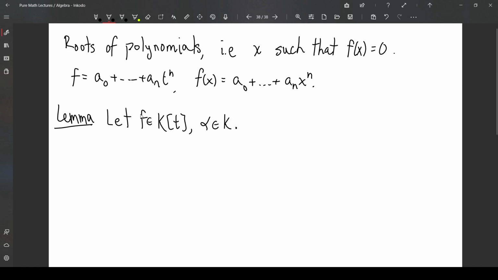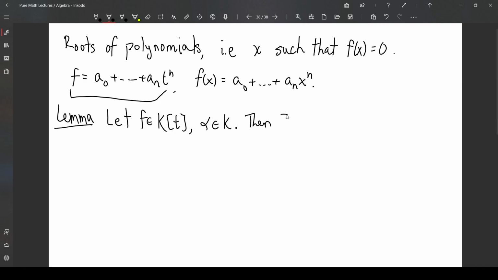And whenever I write f is an element of k[t], I'm going to implicitly have this definition, and if there's a g, then I'm going to have it with a b and a different degree, and so on, right?